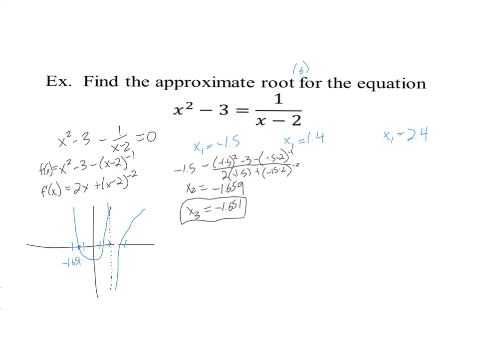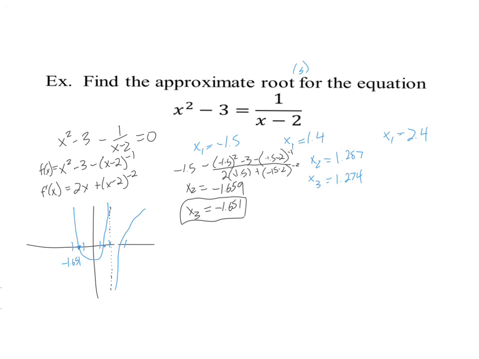So let's repeat it with our second one. Like I said, we're going to use 1.4 as our starting point. In this case, I'm going to use the storing feature just to make it a little bit quicker. If I store the 1.4 and redo our calculation, our x2 ends up being 1.287. So it's a little bit smaller. Let's repeat it with that value. And I get 1.274, so we're getting pretty close.